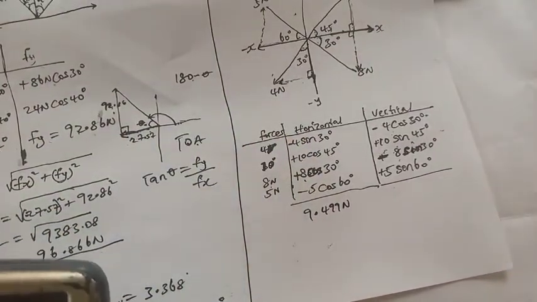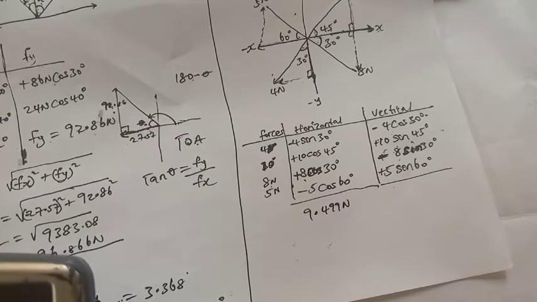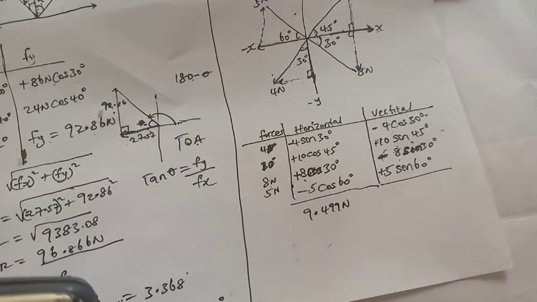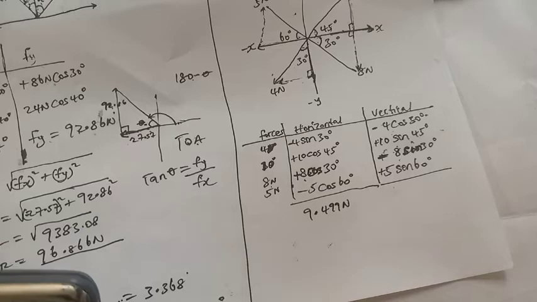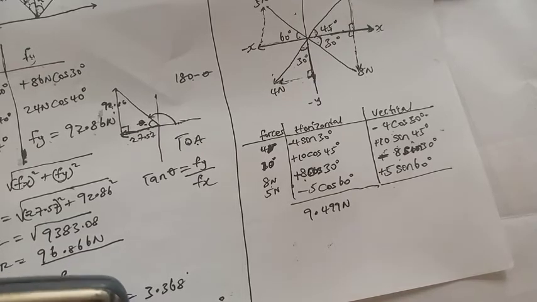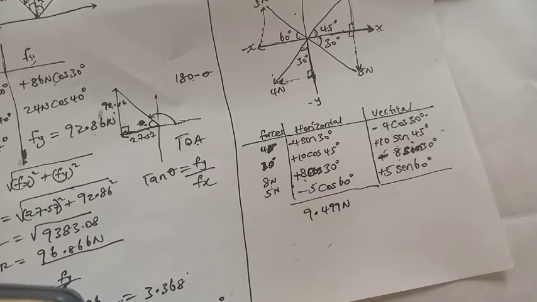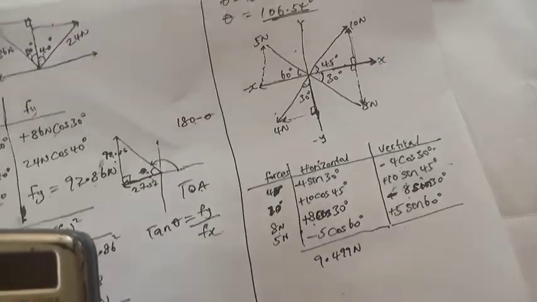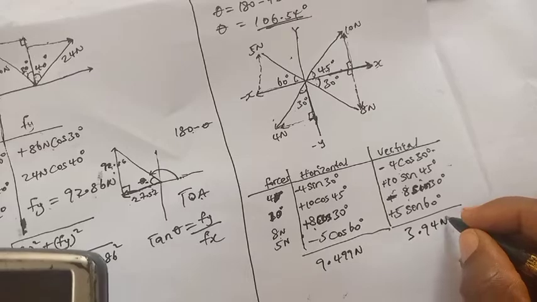And then let's calculate the vertical components. We have negative 4 cosine 30 degrees plus 10 sine 45 degrees minus 8 sine 30 degrees plus 5 sine 60 degrees. And then we have 3.94 Newton.